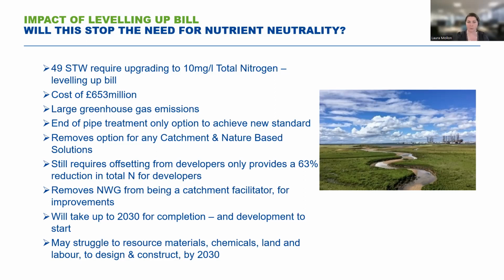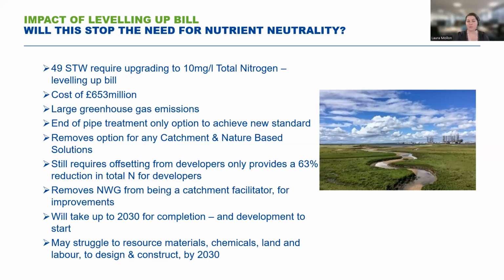So basically where we discharge, we will have a 10 milligram per litre total nitrogen consent. The cost of this is £653 million CapEx, so basically the capital build. Then there'll be about a £10 million operational cost every year.